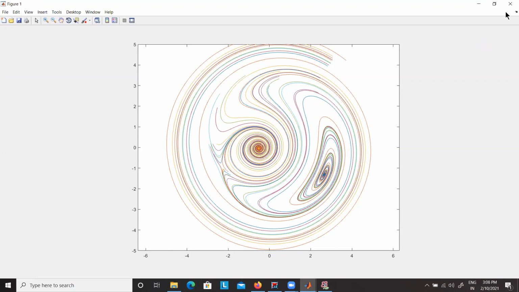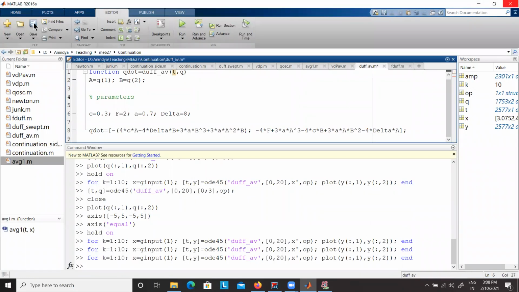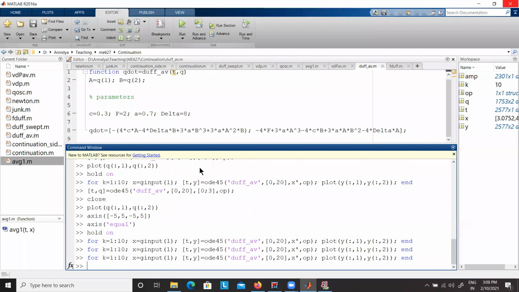Okay, let us verify. So here I will now put delta equals 8. I don't know whether that is good enough. It might be too much. We will see. Now there is only one solution.